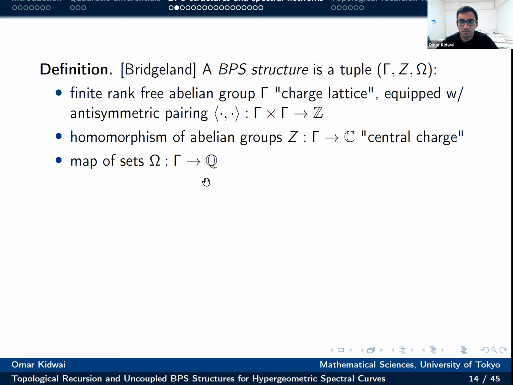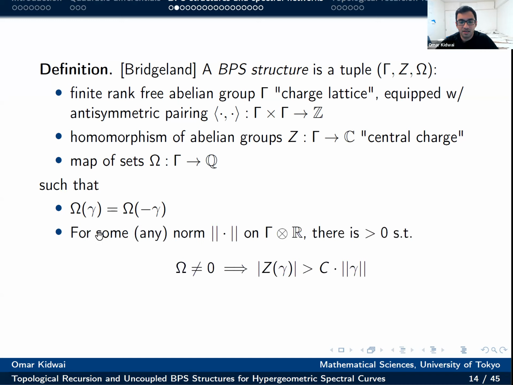And finally, perhaps the most non-trivial part is a map of sets that assigns a rational number, in our case integers, to every point in the lattice. It has to satisfy the condition that it should give you the same thing if you take the negative. And there's a support property, some finiteness type condition. We don't really have to worry about it because we're working in a very restricted case.